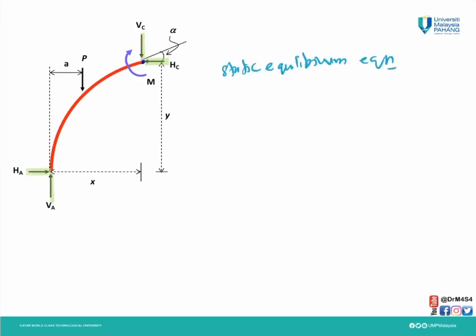By using the static equilibrium equations, we can find HA and HC. Summation of forces in the x direction equal to 0, positive to the right, so HA minus HC equal to 0, therefore HA equals HC.